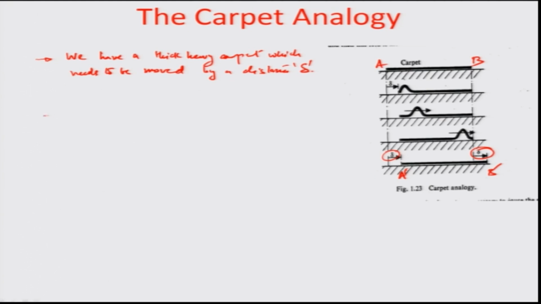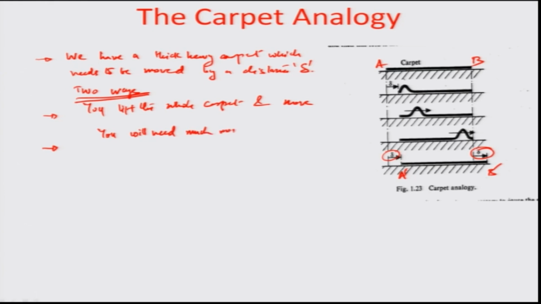One is that you lift the whole carpet, and move. In this particular method you will need much more force, obviously, since the carpet is thick and very heavy, a high density material.